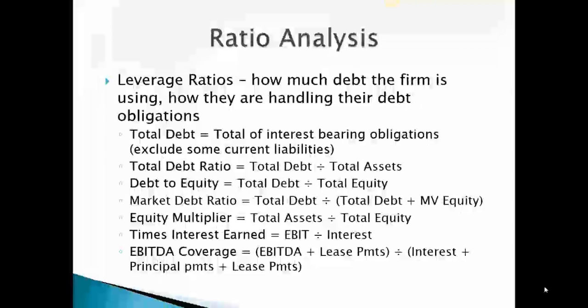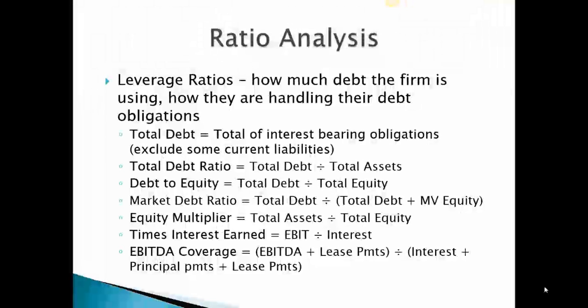Now we're going to be using the market value of equity, and as we look at the specific calculations, we'll talk about how to come up with that number. The equity multiplier is, again, another measure of how much debt the firm is using. The higher the number here, again, the more debt that the firm is using. But this one is defined slightly differently. It's equal to the total assets divided by the total equity.